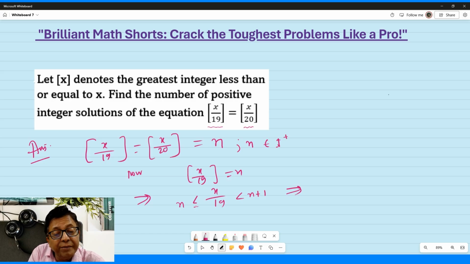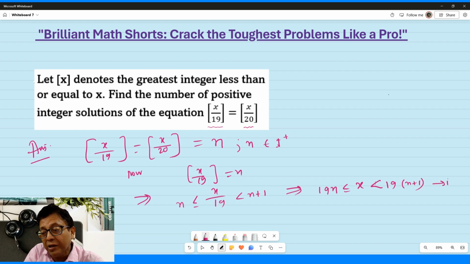It will lie in the interval n to n plus 1. N it can accept, n plus 1 it can never, because then it will exceed n. So this implies x is greater than or equal to 19n and less than 19n plus 1. This is your number 1.